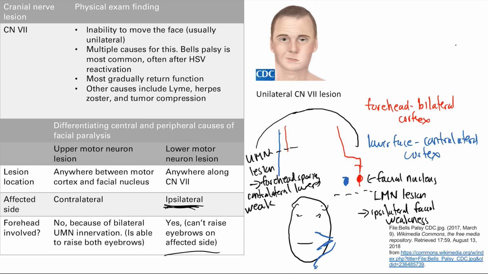You cut off one side, but the other side is still working. So forehead sparing, forehead is not involved. And note that the contralateral side is affected because the lower face is innervated by the contralateral cortex. Alright, so that's it for cranial nerve 7 lesions and facial paralysis.